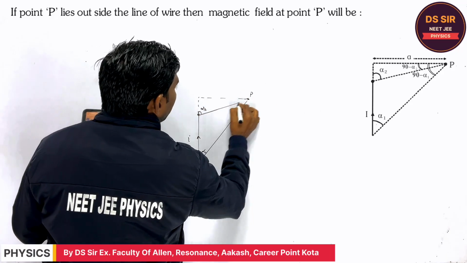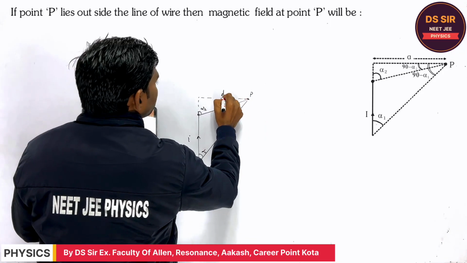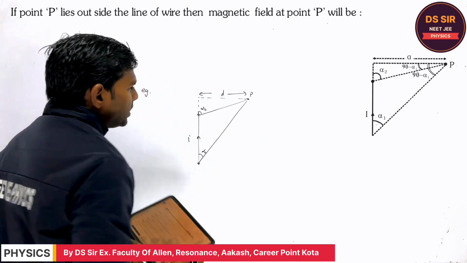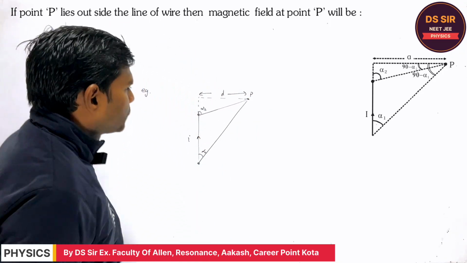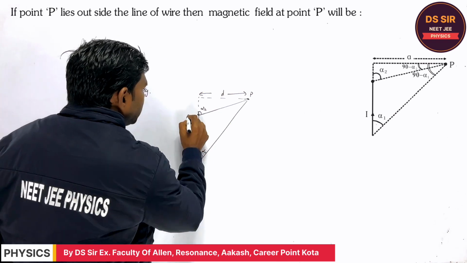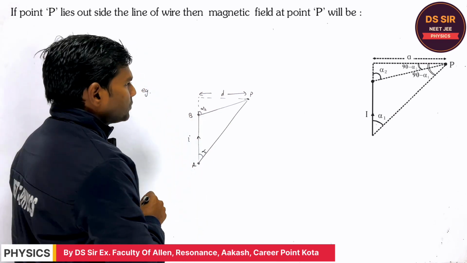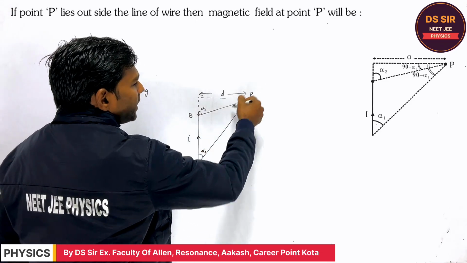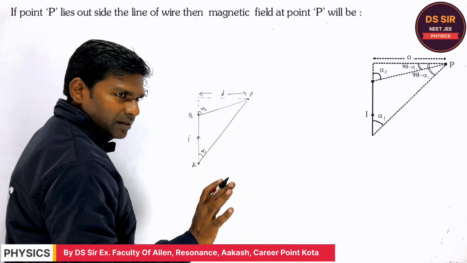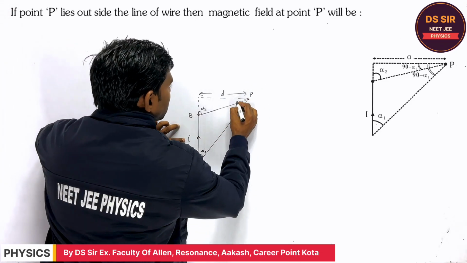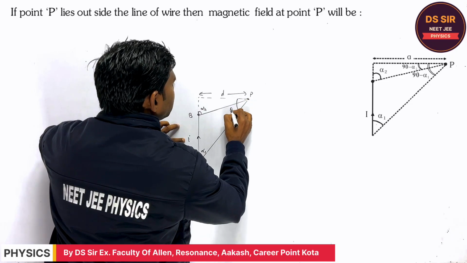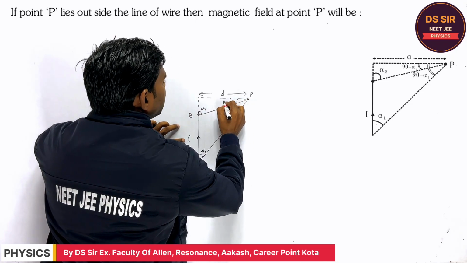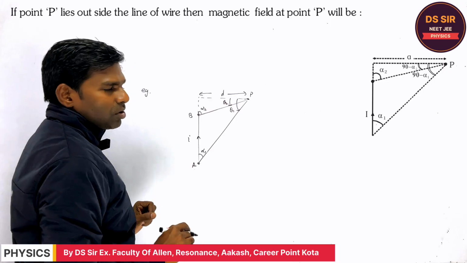You have to find the magnetic field at this point P, and this distance is d. Is it clear or not? Yes. So listen one thing. This is the point A, this is the point B. It is not necessary that they give this angle; they may give this angle. Suppose this angle is theta 1 and this angle is theta 2. Is it clear or not?